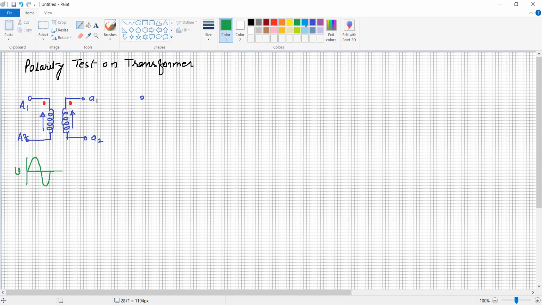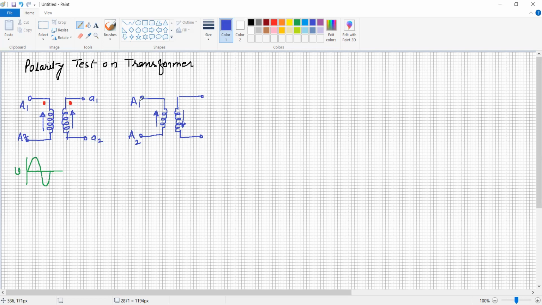Now, the second case is that this is one winding, say it is A1 and A2, and the direction of EMF induced is in this direction. The EMF induced in the second winding, or secondary winding, is opposite. It depends upon the direction of physical winding.